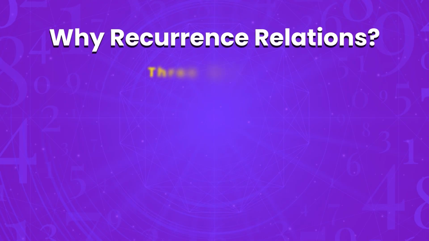There are three methods primarily for solving recurrence relations. In the previous session, the basic way of solving was just the iterative method. But there are three important methods used to solve recurrence relations.